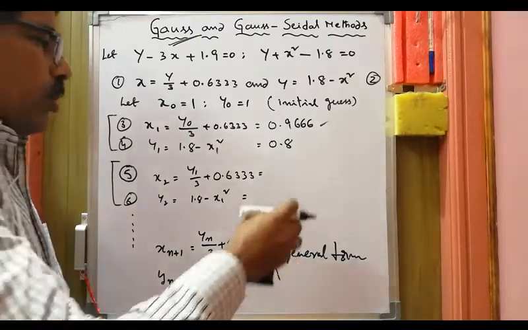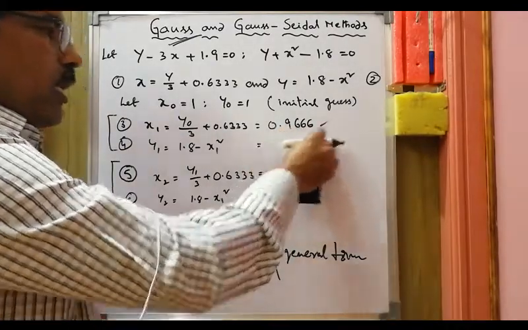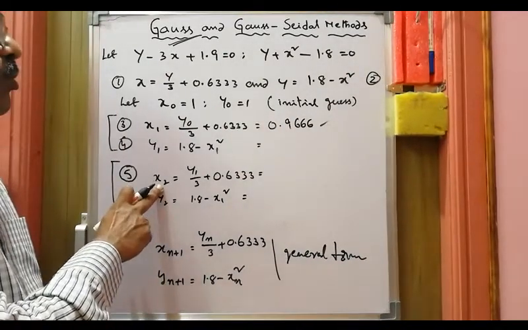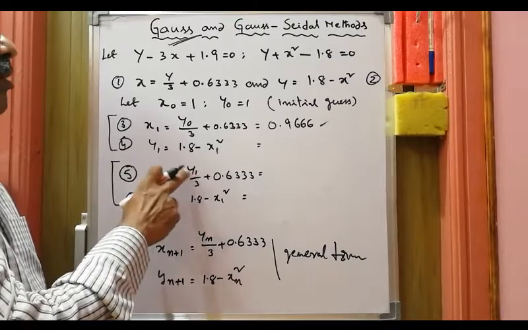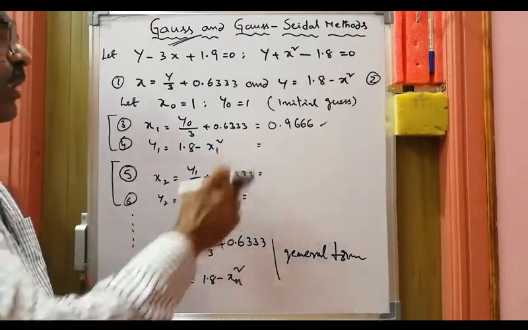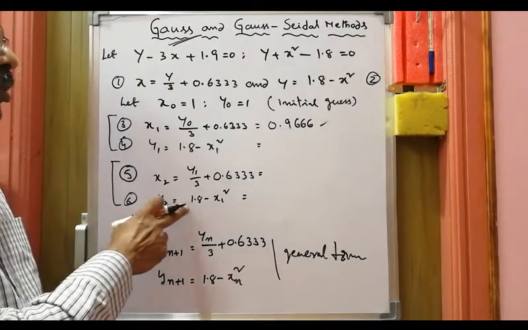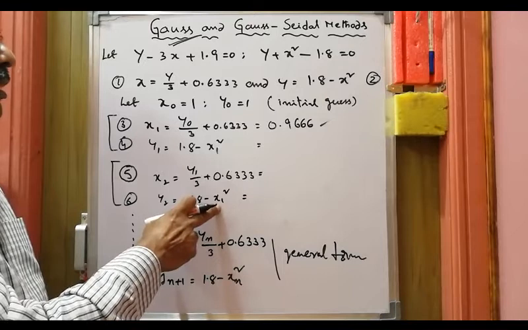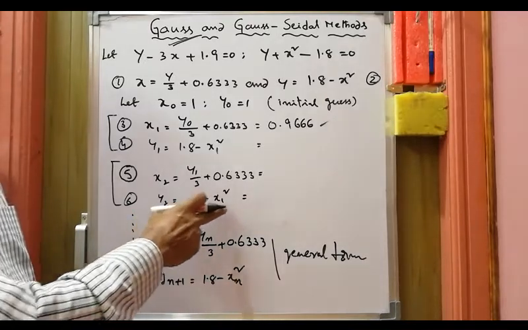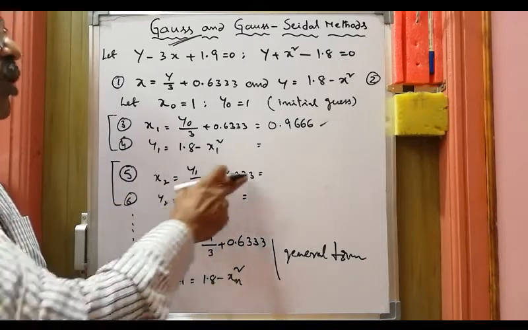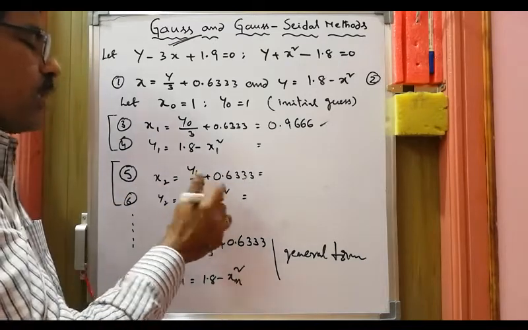Whatever value you get, you write that one here. And while computing x2, it is y1 by 3, because the most recent available is y1, plus 0.633, and for y2, which is 1.8 minus, already you have x2 available, so substitute that.